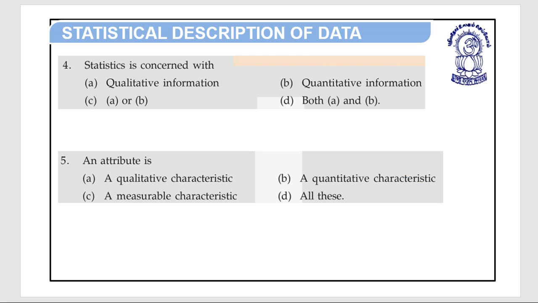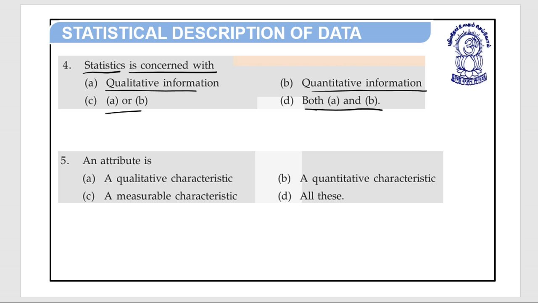Now question number 4. Statistics is concerned with qualitative information, quantitative information, A or B, or both A and B. So here, statistics is concerned with qualitative as well as quantitative information, both.